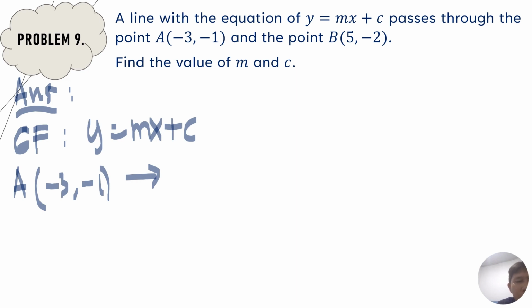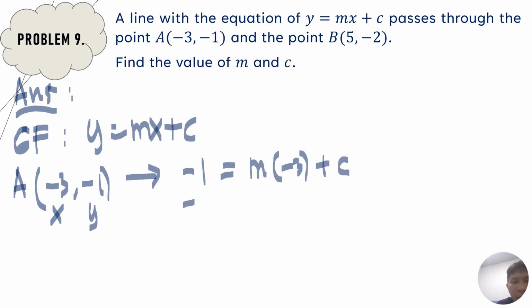So this is the value of x, this is the value of y. Then here we have minus 1 equals m times negative 3 plus c. So here we have minus 1 equals negative 3m plus c. So this is the first equation.